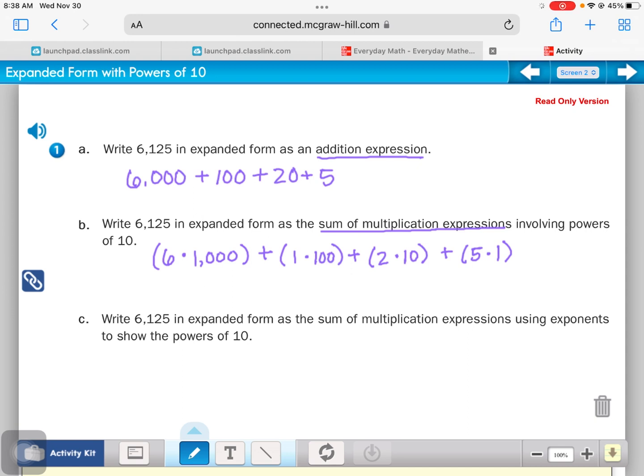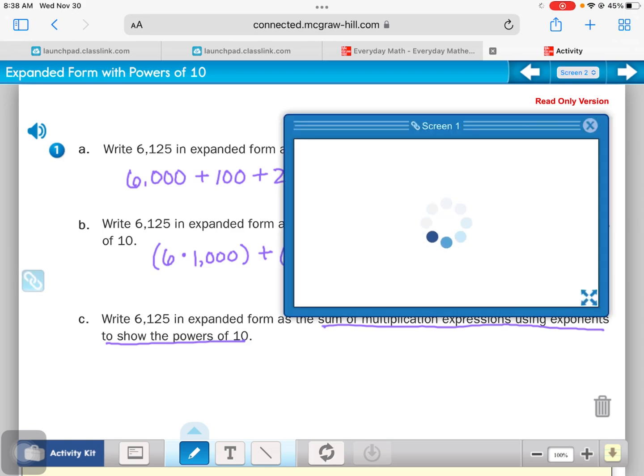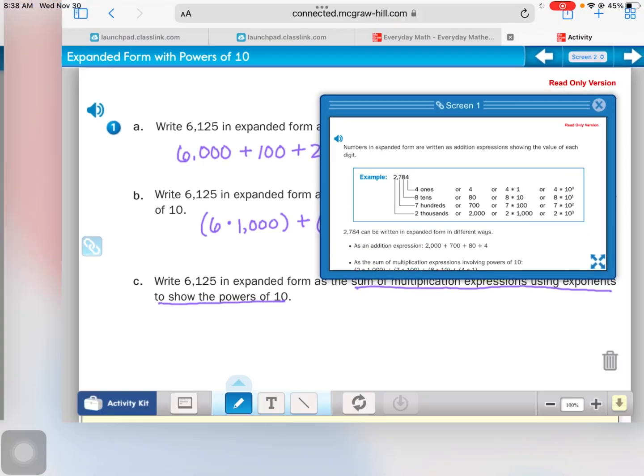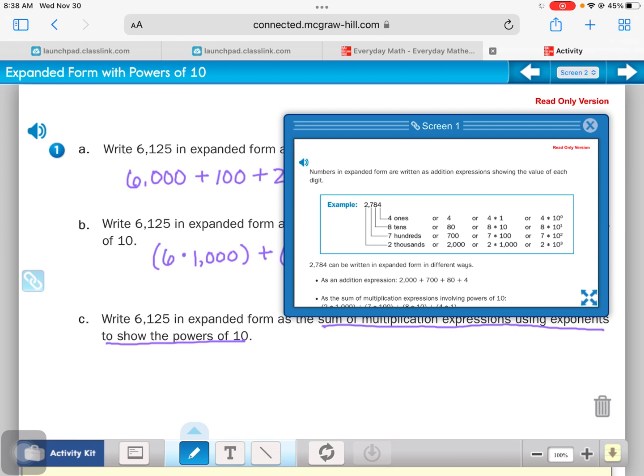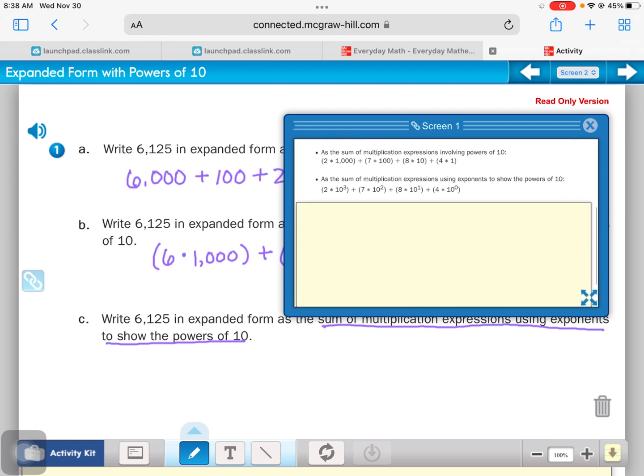Then we have this other one that says write 6,125 in expanded form as the sum of multiplication expressions using exponents to show the powers of 10. So that's where things started to get a little tricky yesterday. I'm going to say the number times 10 to the power of something.